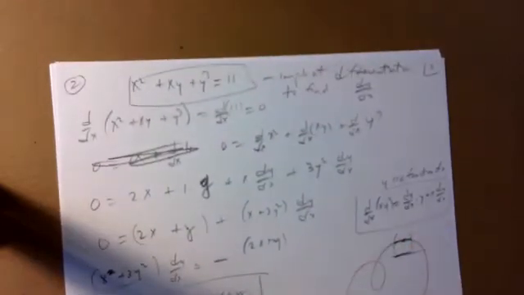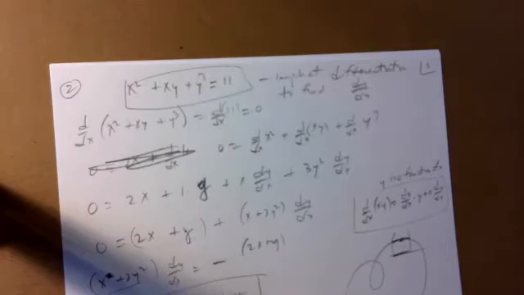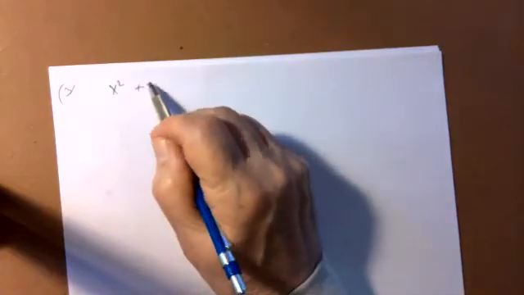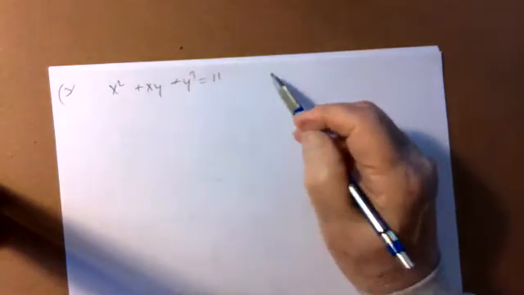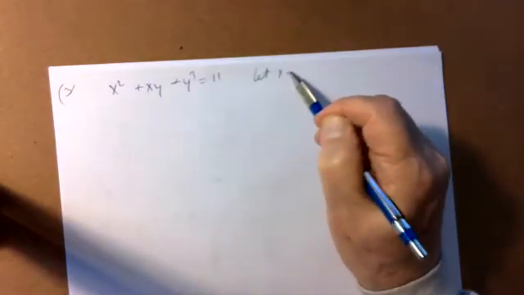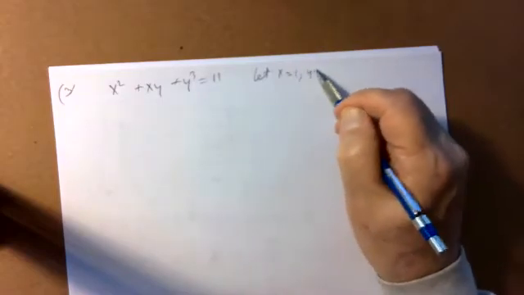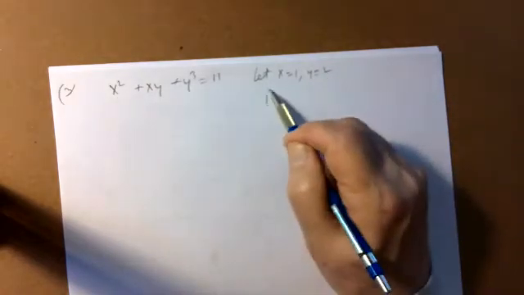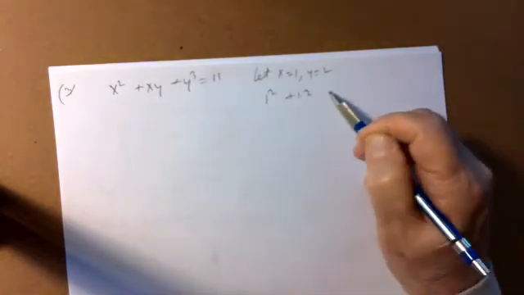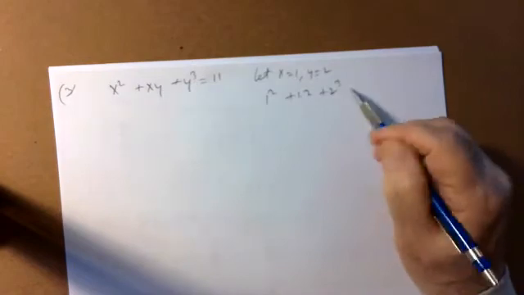Now, on this curve, let's go to problem 3. We're looking at the same curve, x squared plus xy plus y cubed equals 11. If you let x equal 1, y equal 2, what do we get over here? We get 1 squared plus 1 times 2 plus 2 cubed.